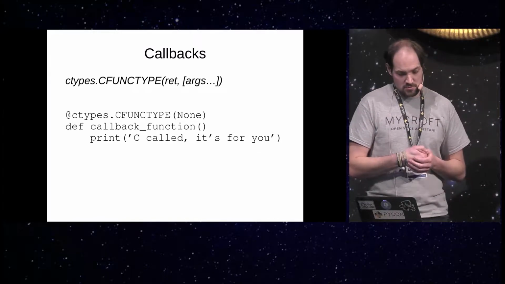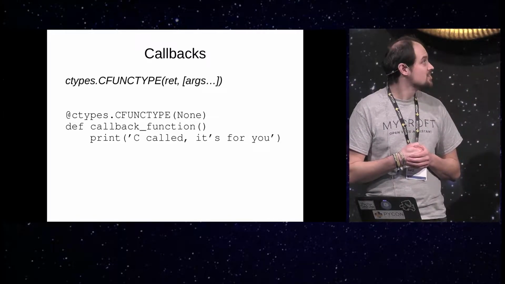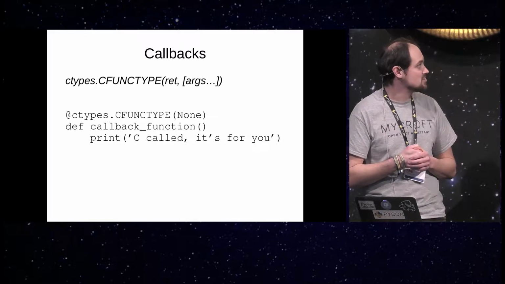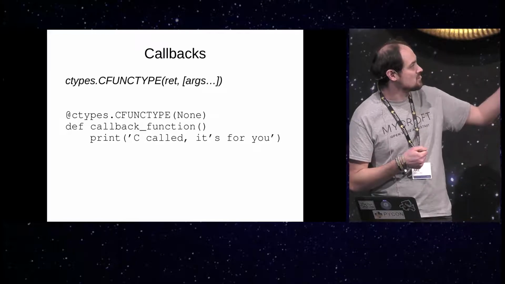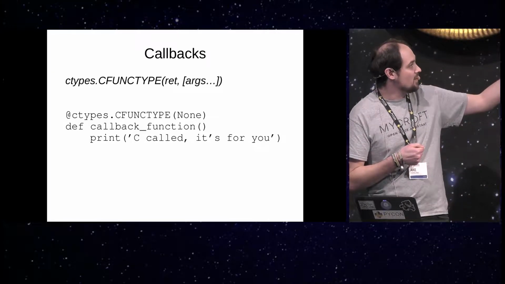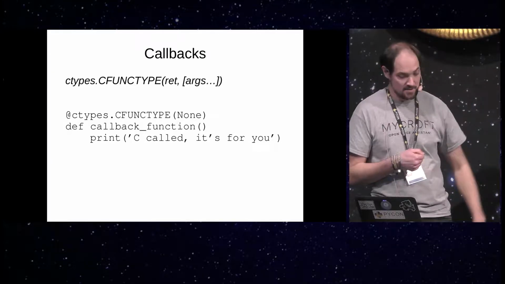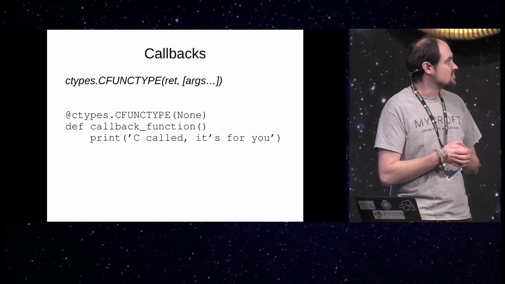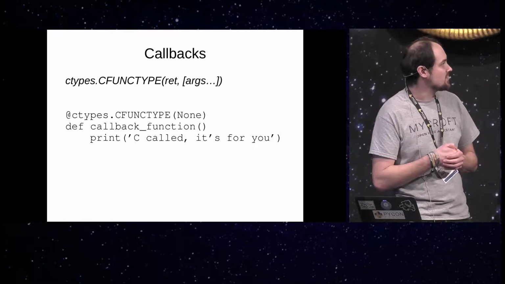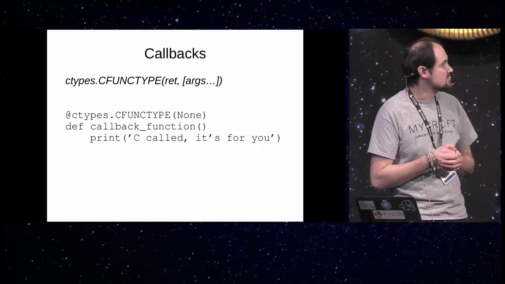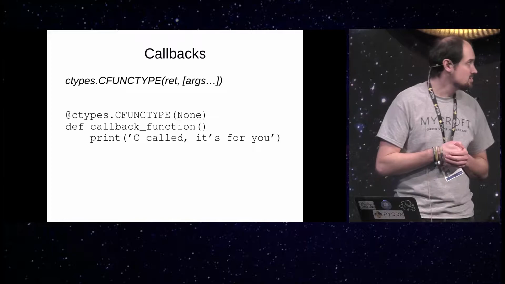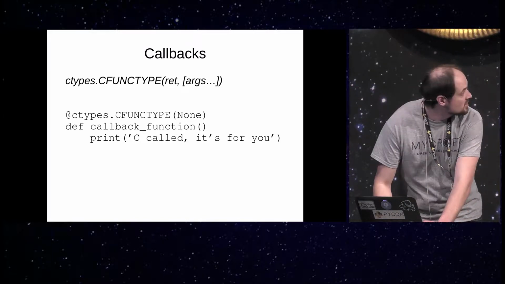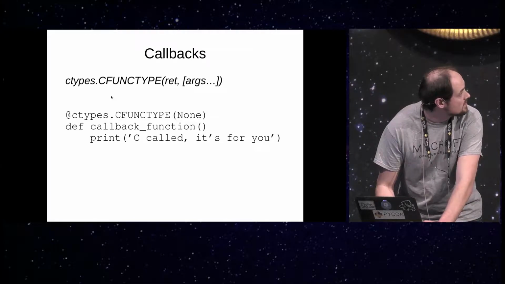But you can, in this case, say that a Python function is a C function type. In this case, we have a callback function that takes no argument and returns nothing. So we just say CFUNCTYPE None as a decorator.